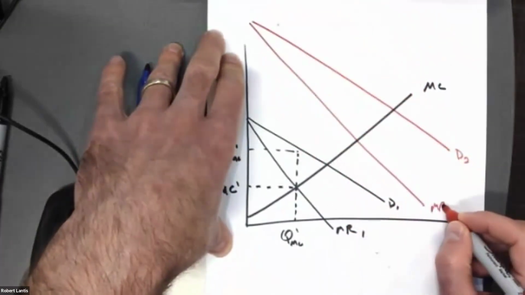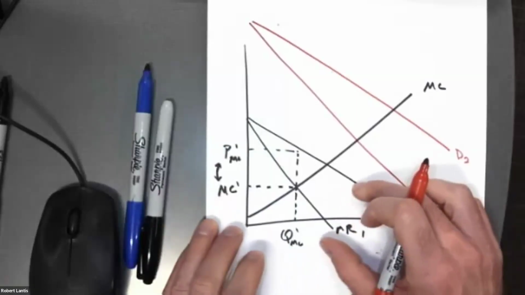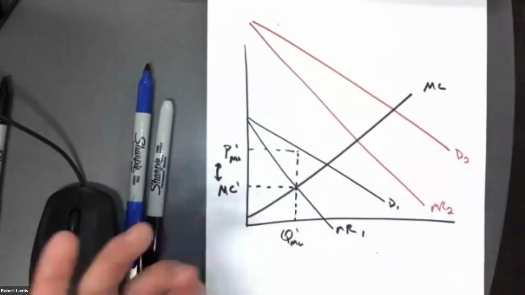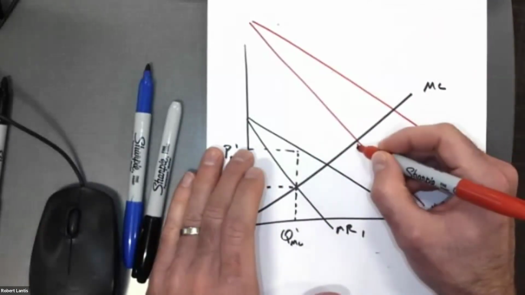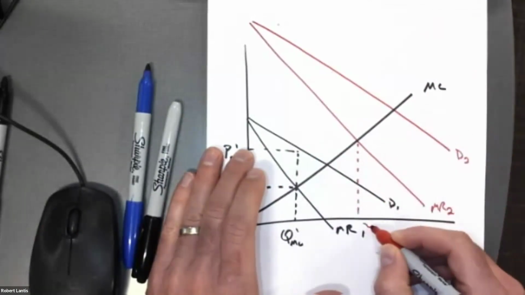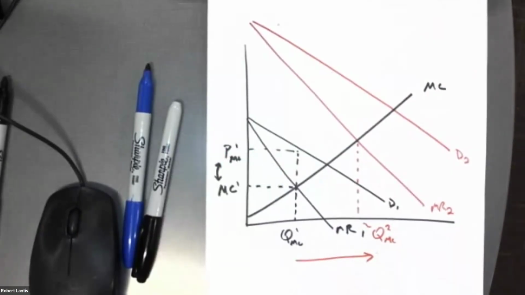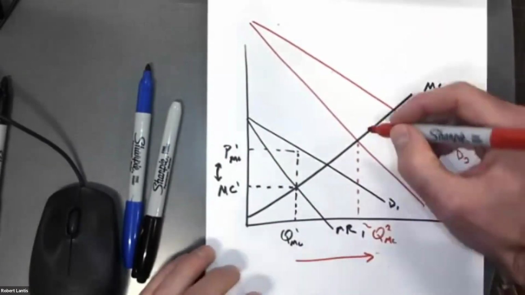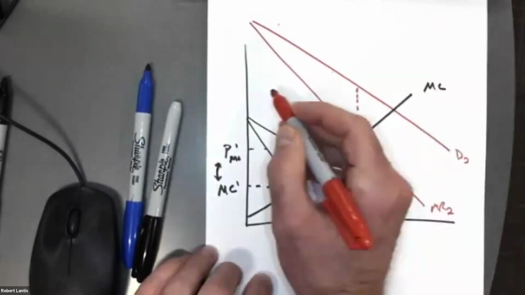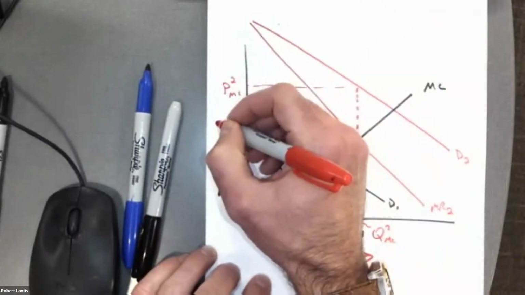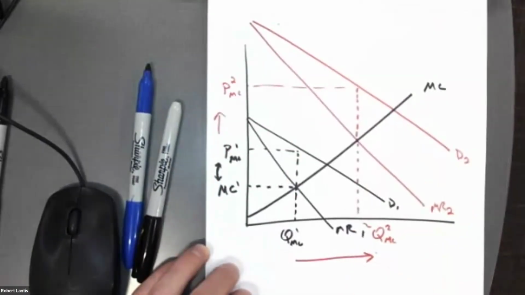I'm going to try to draw those parallel. As firms exit the market, each existing firm gets a higher portion of the overall demand curve. So notice the quantity that they choose will always go up as firms exit. What's going to happen to the price they set? The price will always go up as well.